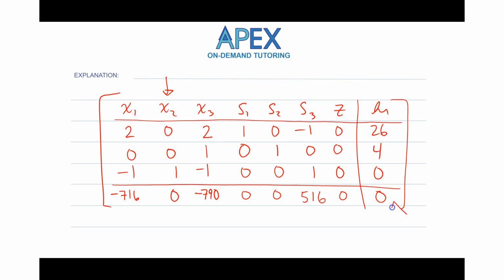Okay, so let's talk about what we're going to do in the next step. Remember that we're trying to maximize this number, and we haven't gotten very far yet. So we're going to take this third column, because negative 790 is the most negative number, and again we're going to do our ratios. We'll take 26 divided by 2 is 13. We'll take 4 divided by 1 is 4, and we'll take 0 divided by negative 1 and get 0. Now you might think that we want to pick this 4 right here, okay?